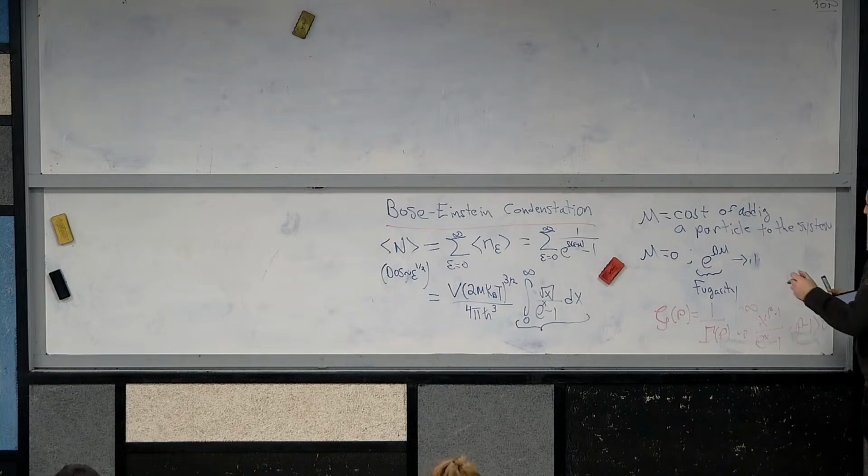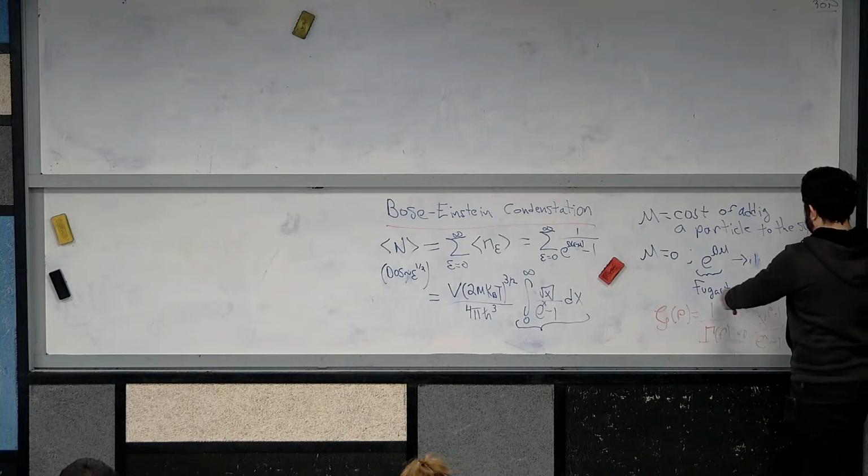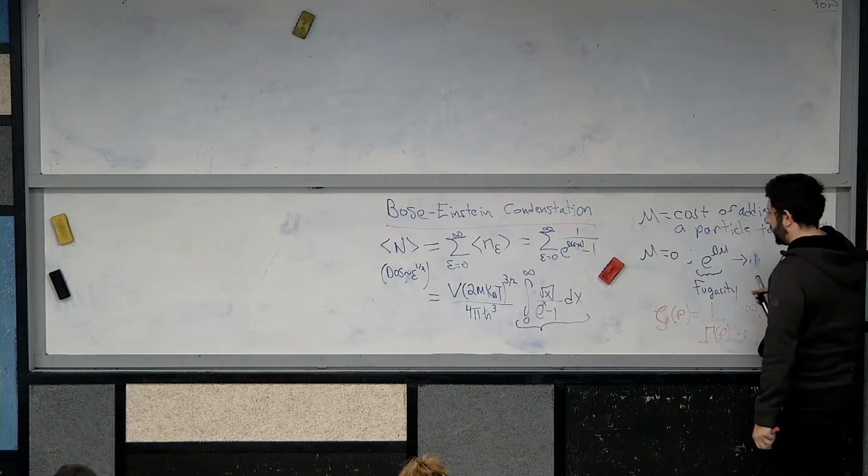This is the Riemann zeta function, which is defined as 1 over gamma times this integral.